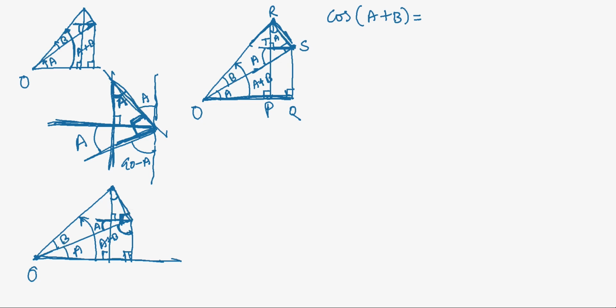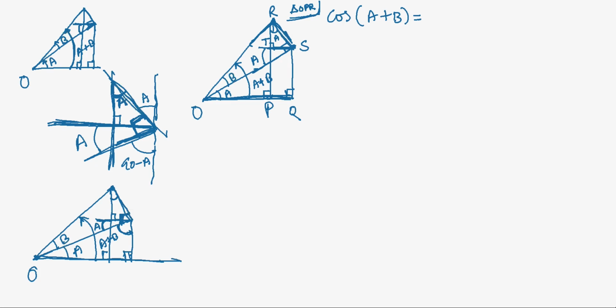So for cos A plus B, we will be looking at the triangle, because that should be OPR, right? So in the triangle OPR, we can find cos A plus B. That is the right angle triangle we have to look at, right?